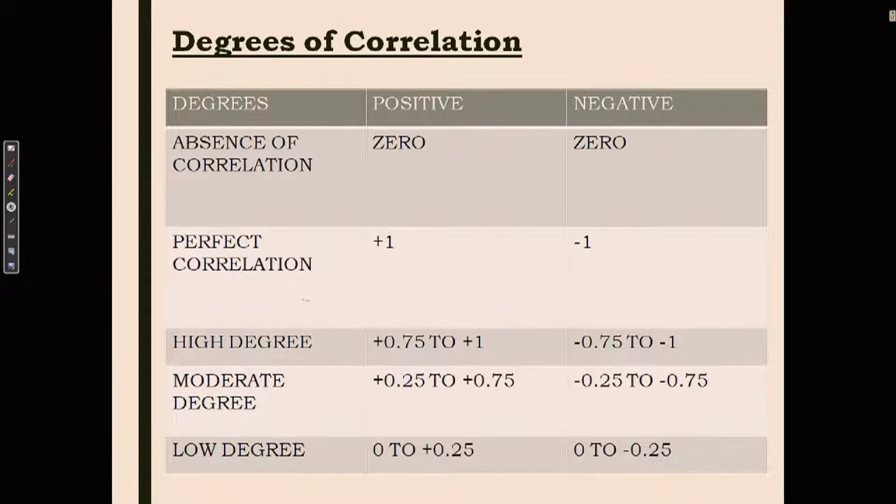First you see absence of correlation, positive and negative, both sides 0. It means that we see the nature of two variables, x variable and y variable.